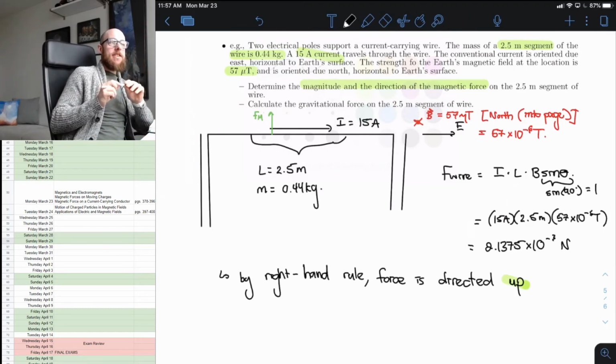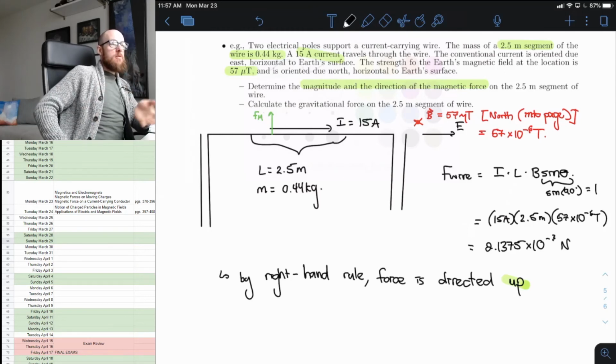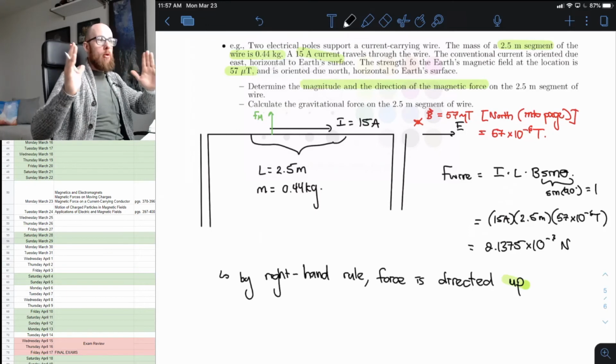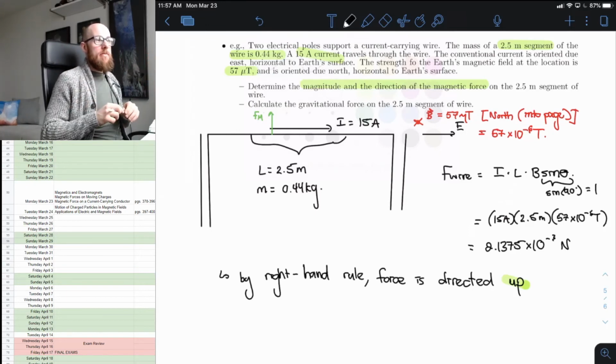Yes, I think you could. But keep in mind that this wire is connected to two poles, so it's not going to go anywhere. It would be very difficult to run a high enough current through something to get it to fully levitate.